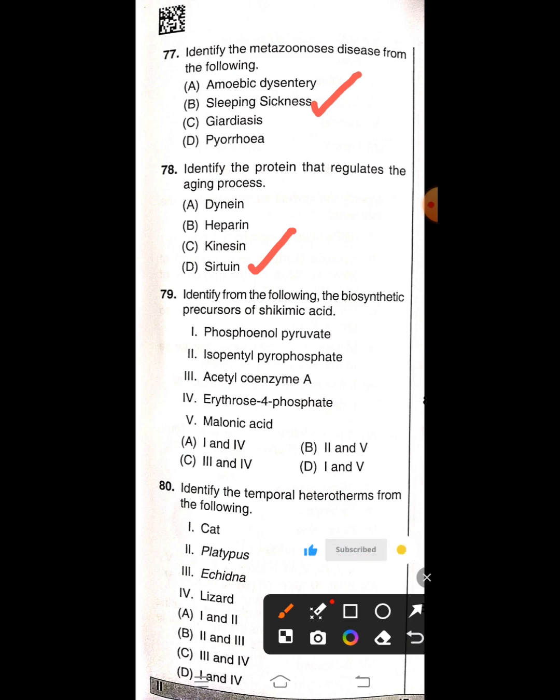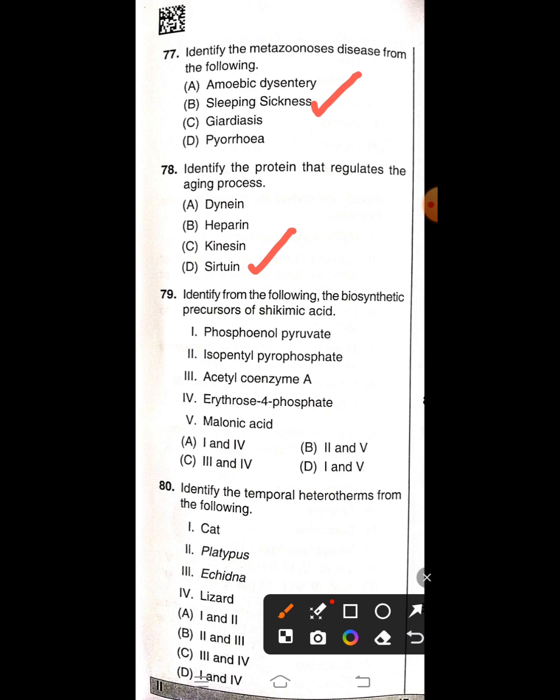Next question. Identify from the following the biosynthetic precursors of the shikimic acid pathway. Here also four options are given, and among them you have to pick the correct one. The first one, phosphoenol pyruvate, isopentyl pyrophosphate, acetyl coenzyme A, erythrose 4 phosphate.